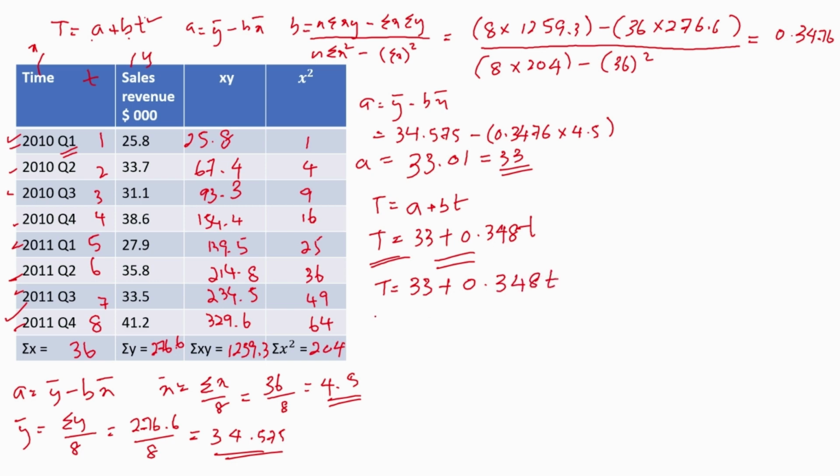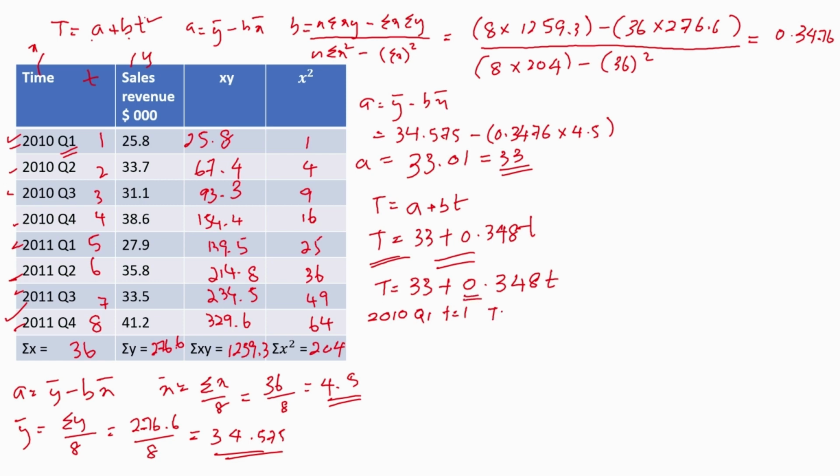Let's find the trend value for 2010 quarter 1, which is the time period of 1. So here the simple t equals 1. What we are going to do is assign this simple t value to this formula and find the trend value.